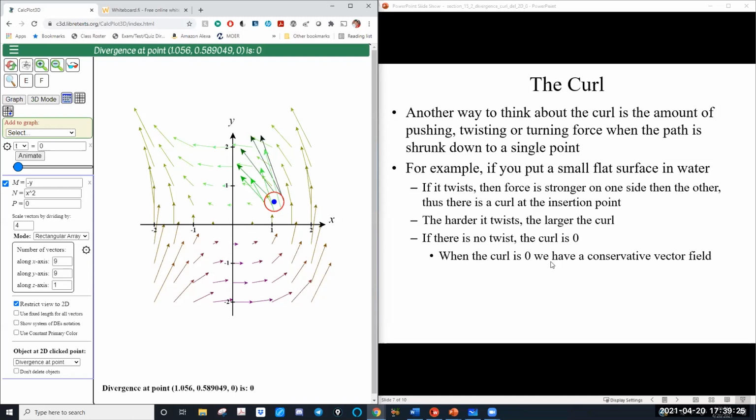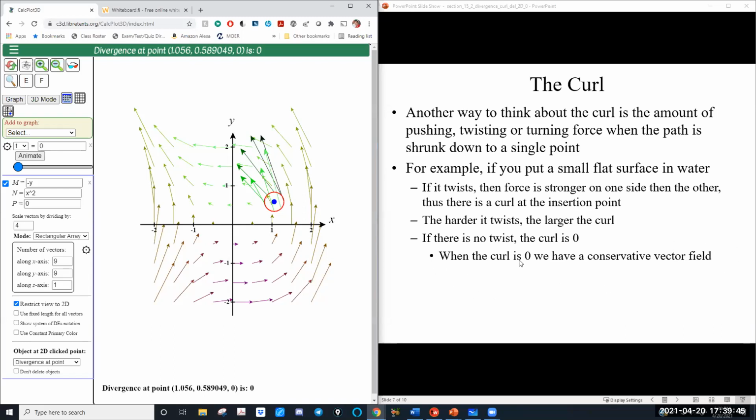Now, when the curl is 0 overall for an entire vector field, then we have what's called a conservative vector field. And that's going to be our favorite case, because that's where we're going to have a potential function. Now, we're not going to spend a lot of time on that today. We're just getting used to these ideas.